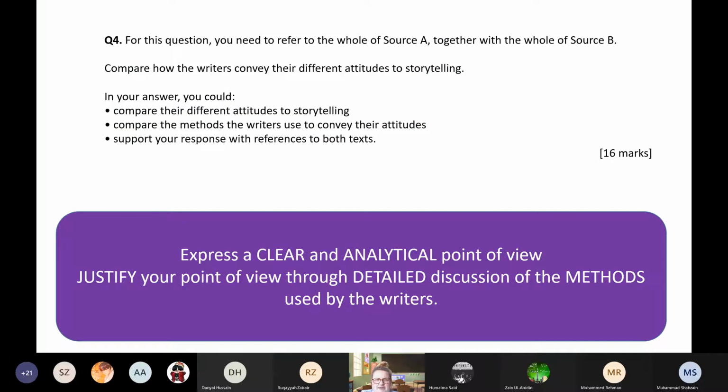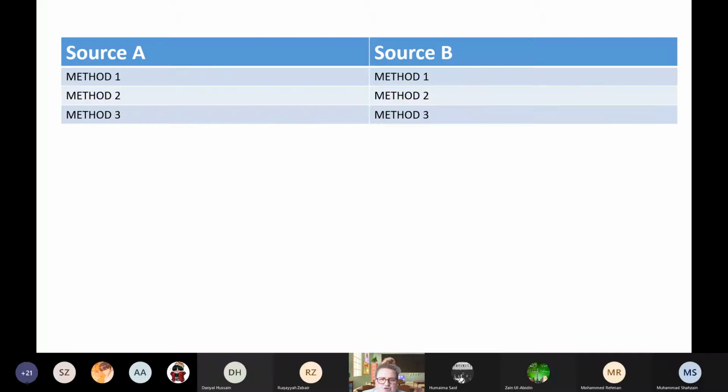So I'm going to try and explain that a little bit clearer. It says, compare how the writers convey their different attitudes to storytelling. So both of them have these views about storytelling. In source A, she directly addresses the reader. In source B, she's slightly more formal. That's the method that you're going to compare.